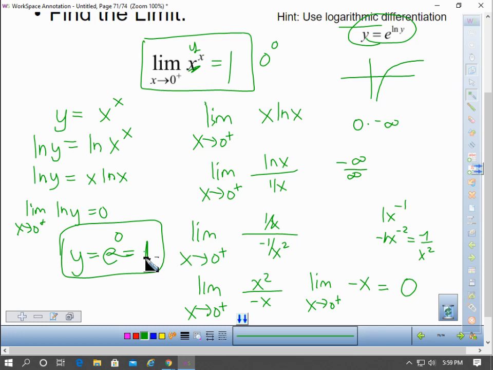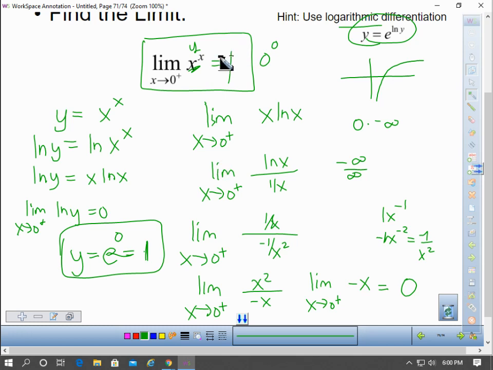So these are just algebra manipulations. We normally do quotients. So if we get infinity over infinity or 0 over 0, we're good with L'Hopital's rule. If you end up getting a product, you got to fix it and make it a quotient. If you get a difference, you got to fix that and make that a quotient.